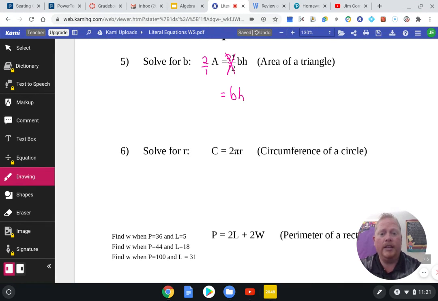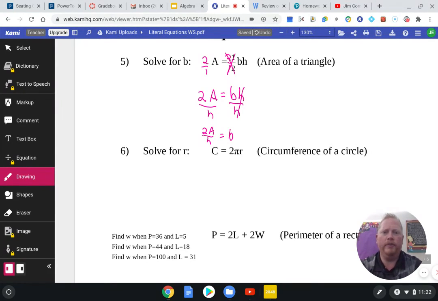On the left-hand side, 2 over 1 times A is the same as 2 times A. So now I no longer have any fractions. 2A equals bh. Now let's get b all by itself by dividing by h. And that's my final answer. 2A over h equals b.